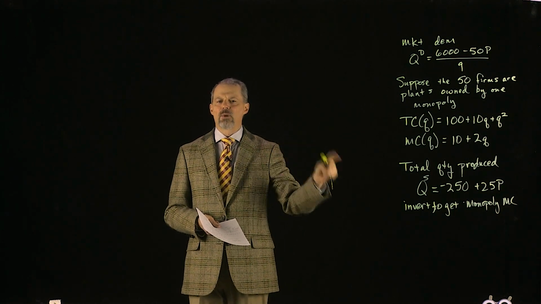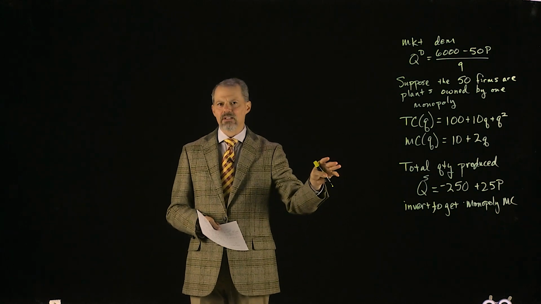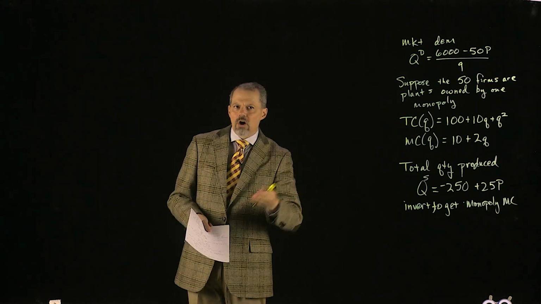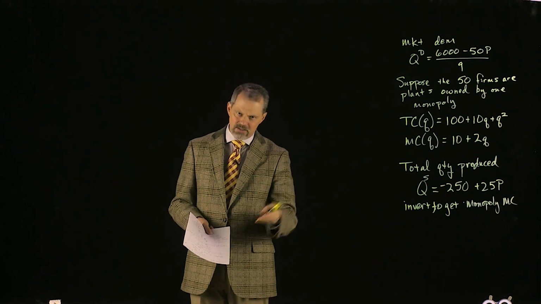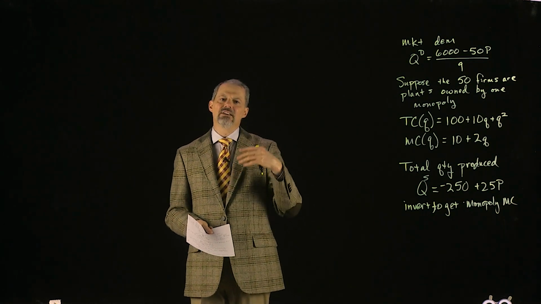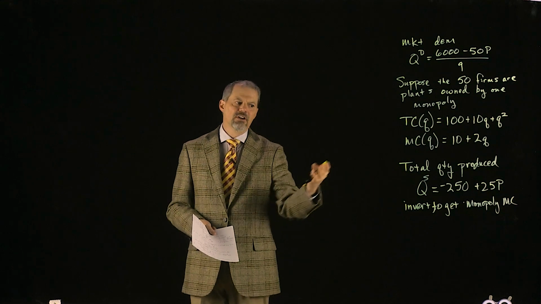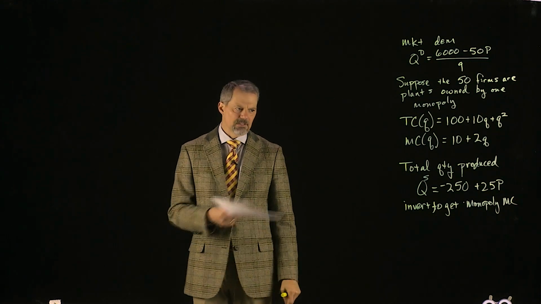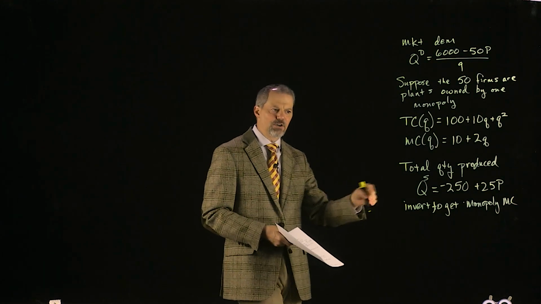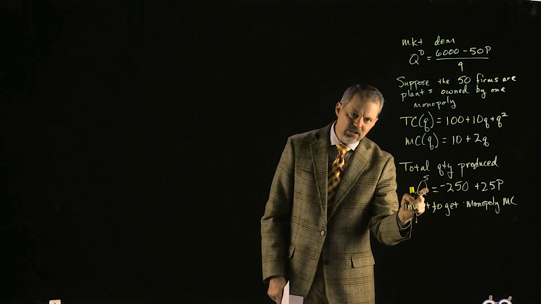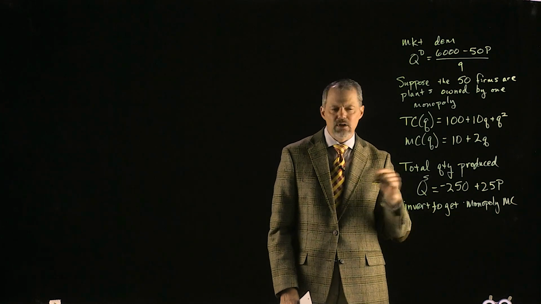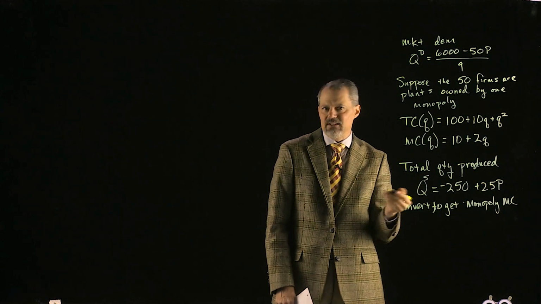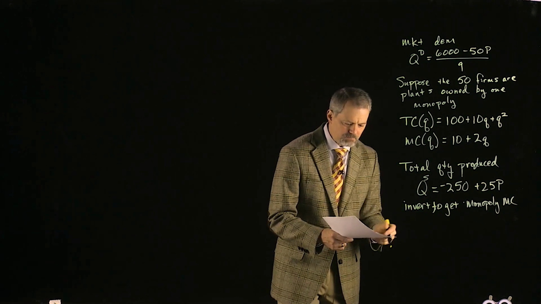So what we would call the supply curve for a perfectly competitive market would actually just be the marginal cost curve for the monopoly. That's why we're going to invert that supply curve that we got from perfect competition, and we're not going to call it the supply curve for the monopoly, it's just the marginal cost curve.